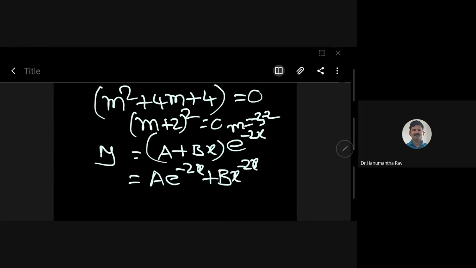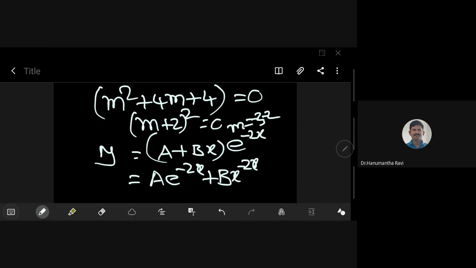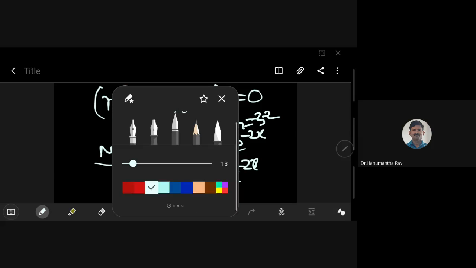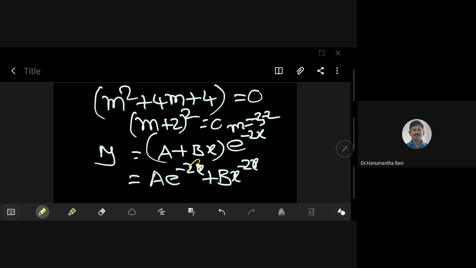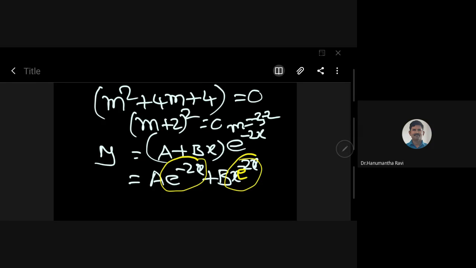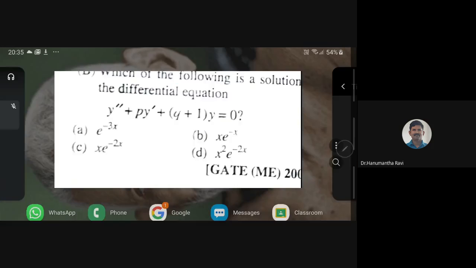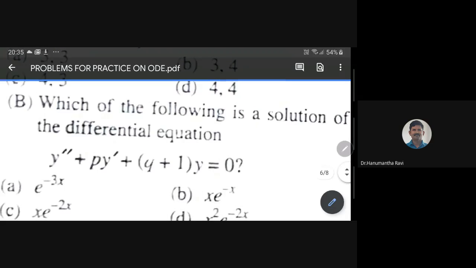The possible solutions are e power minus 2x, x e power minus 2x. In the choices, x e power minus 2x is there, so that will be the right answer.